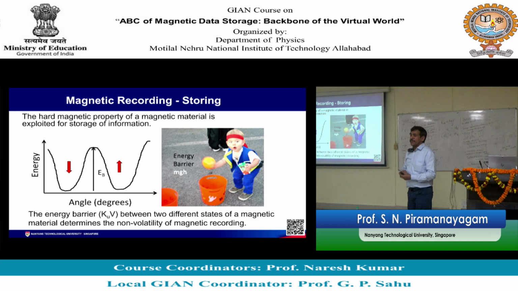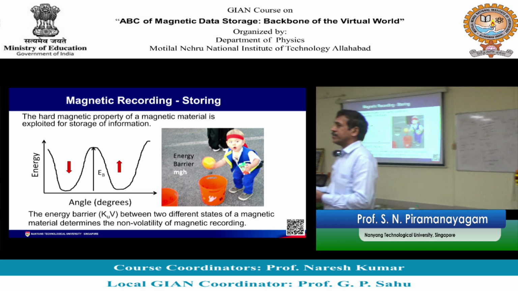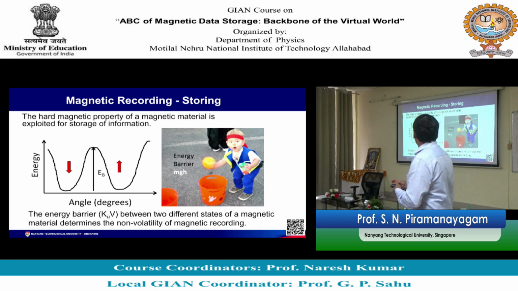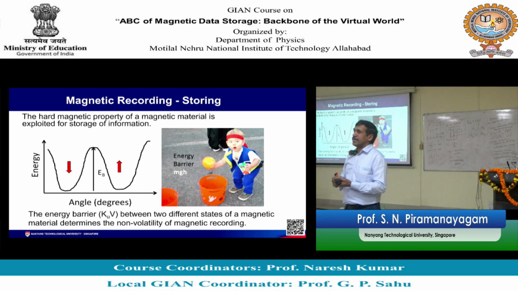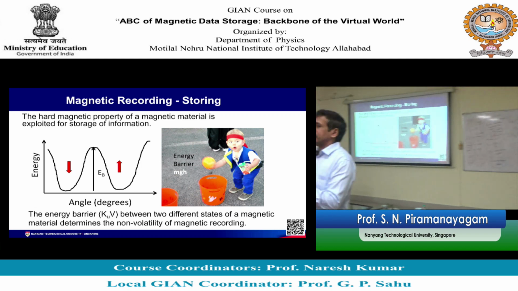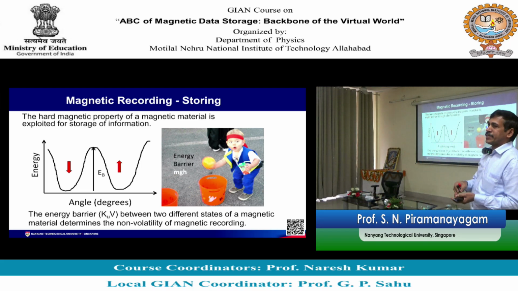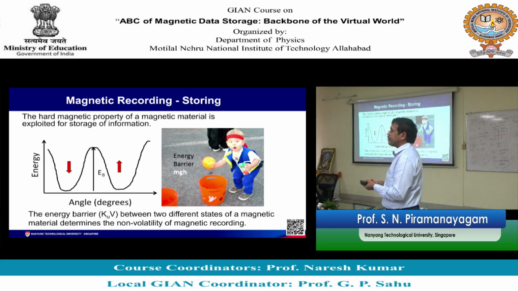Okay, so how many of you know the terms volatile, non-volatile? Okay, you know. So volatile means if you take DRAM, SRAM, there is information stored in those memories. If you switch off the power, the information will be lost. So DRAM, SRAM, they are all volatile memory.